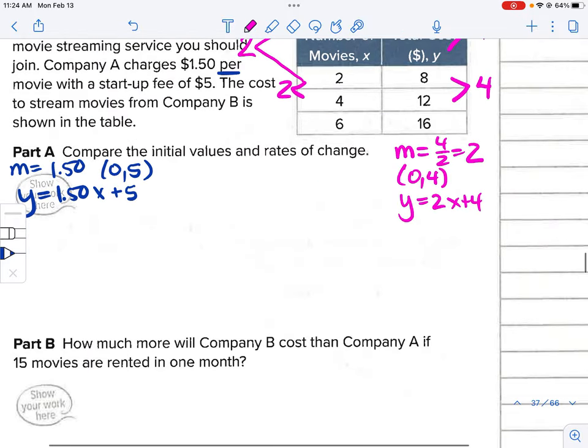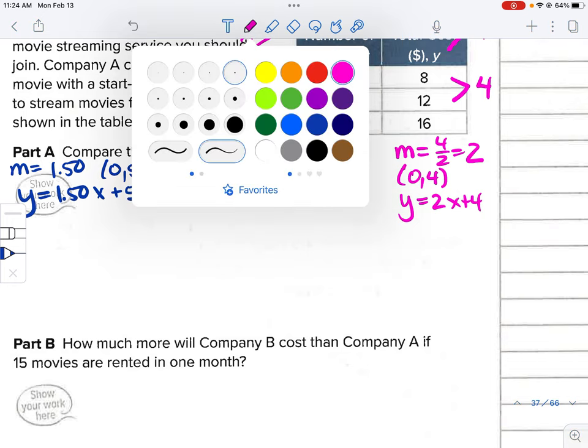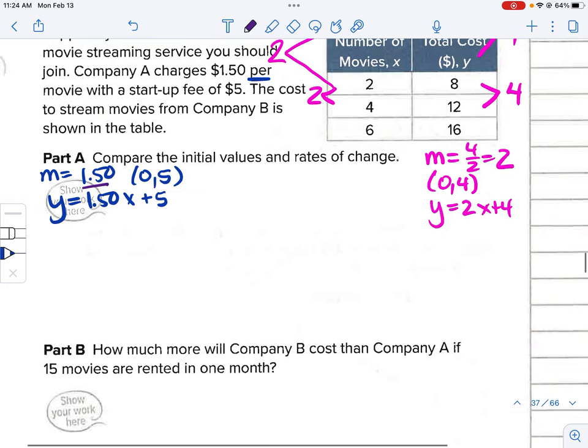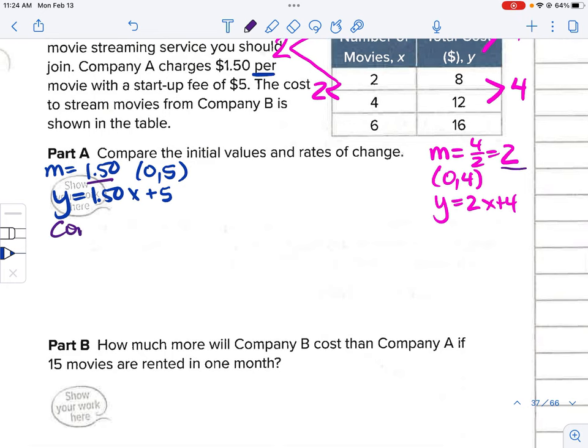So now we're supposed to compare. If I'm comparing the rate of change, I'm going to look at the rates of change. So I'm going to look here and here. Which one has the greater one? Company B does. So company B has a greater rate of change.